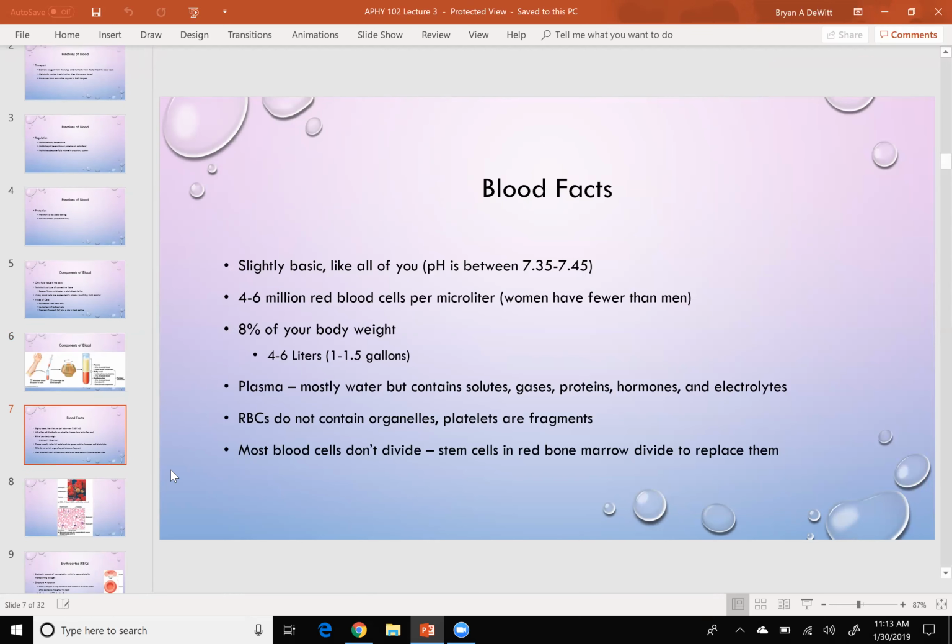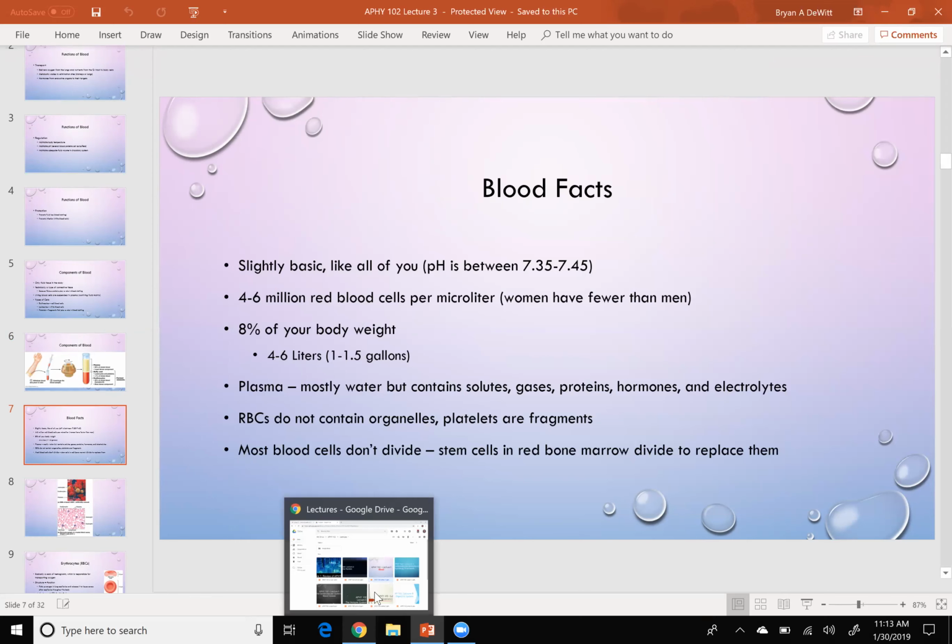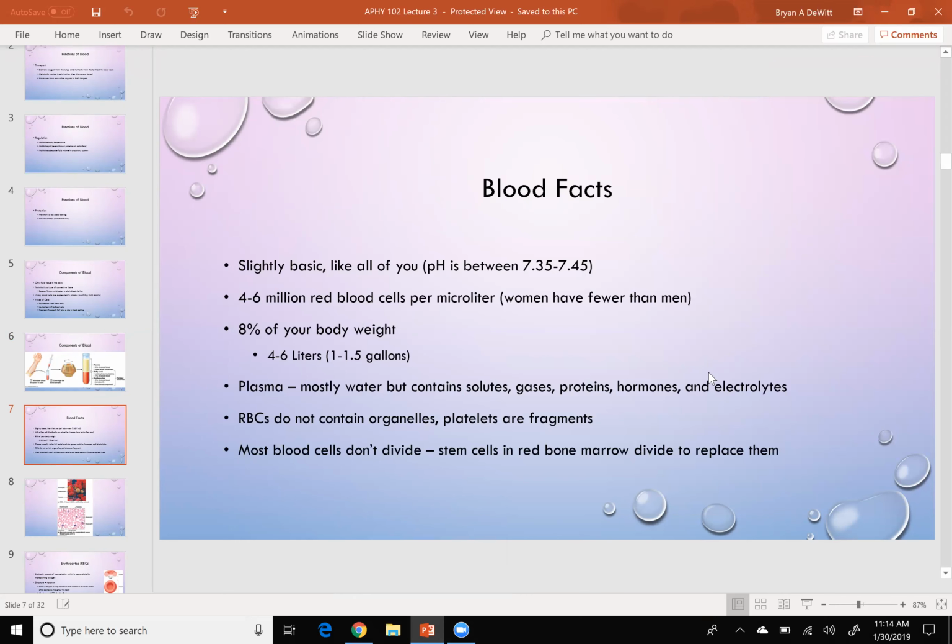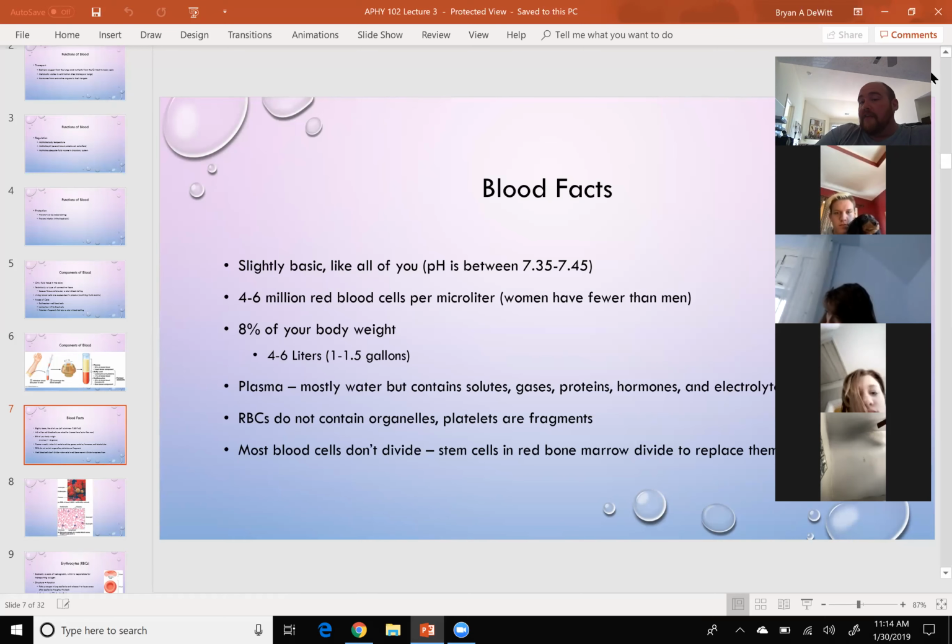So the other interesting thing is that your red blood cells, for all intents and purposes, are not cells. They do not have a nucleus. They do not have organelles. So as a result, I don't know if you've ever thought of this before, but your red blood cells do not divide by themselves.